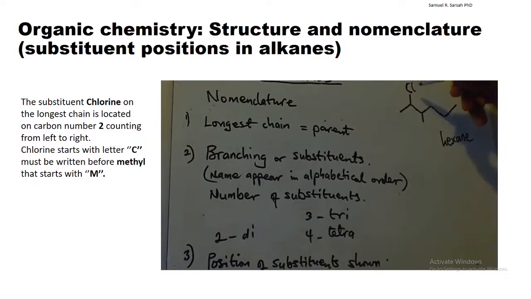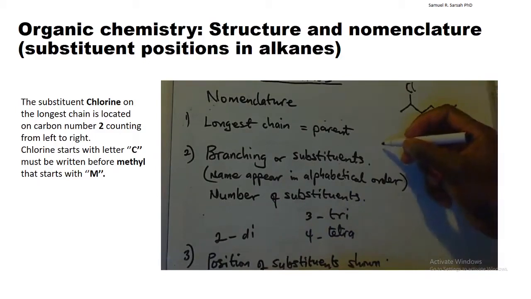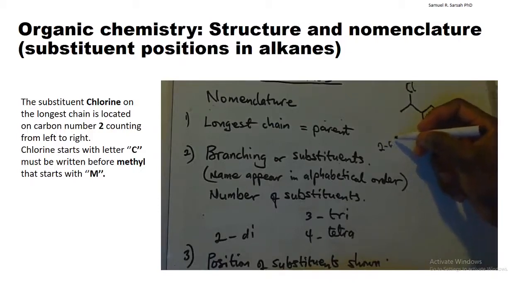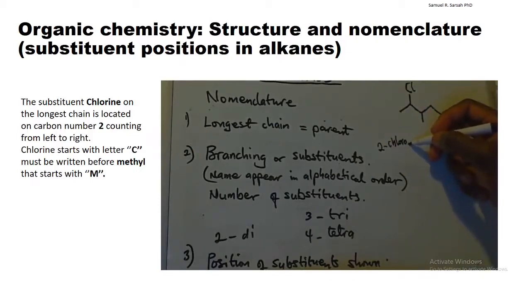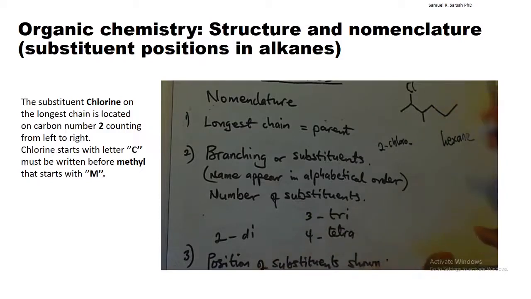Now chlorine starts with C, methyl starts with M. So obviously C should come before M. So the name of this compound will be 2-chloro, and your dash, and then 3-methyl.